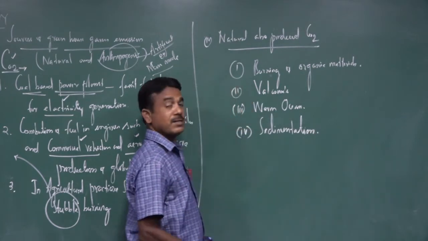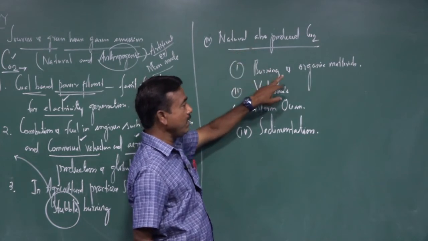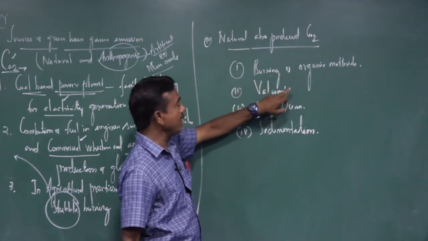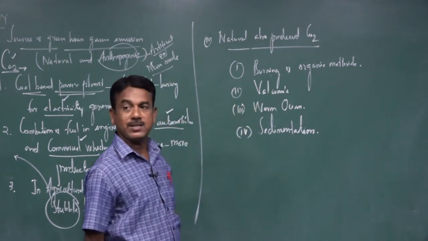Those are all naturally produced carbon dioxide: burning of organic material, volcanoes, warm ocean and sedimentation.